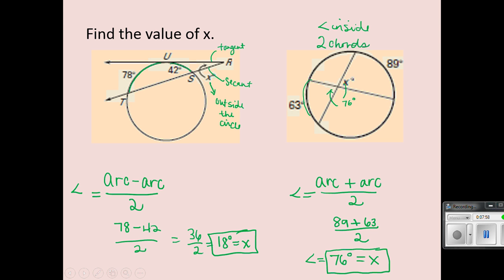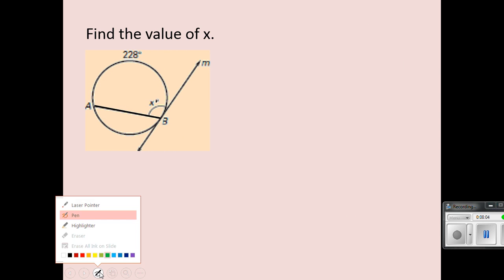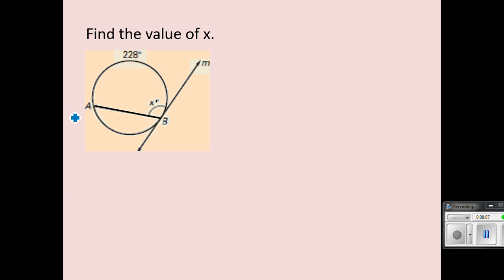All right, 2 more examples. Please write these down in your notes. So I want to find the value of x. I have a chord and a tangent. So if I have a chord and a tangent and my angle is on the circle, I would look at my note sheet and I would know that the angle is equal to the arc divided by 2.